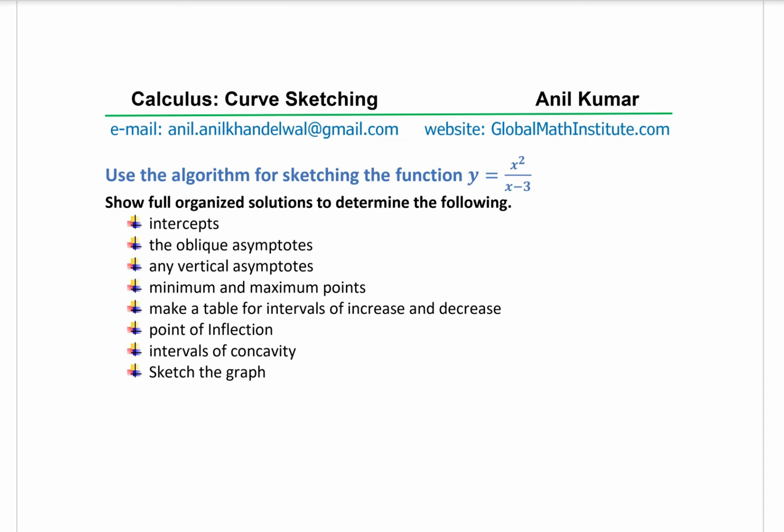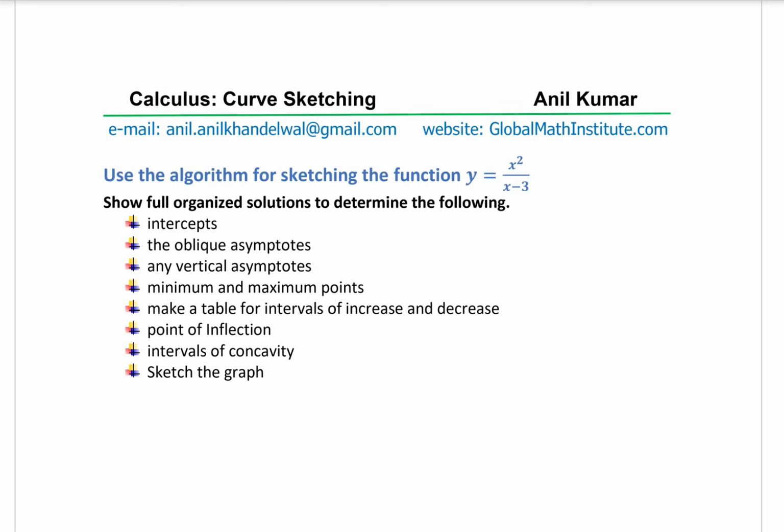Clearly mentioned here are: show a full organized solution to determine the following: intercepts, oblique asymptote, vertical asymptote, minimum and maximum points, make a table for intervals of increase and decrease, point of inflection, intervals of concavity, and then we'll sketch the graph.